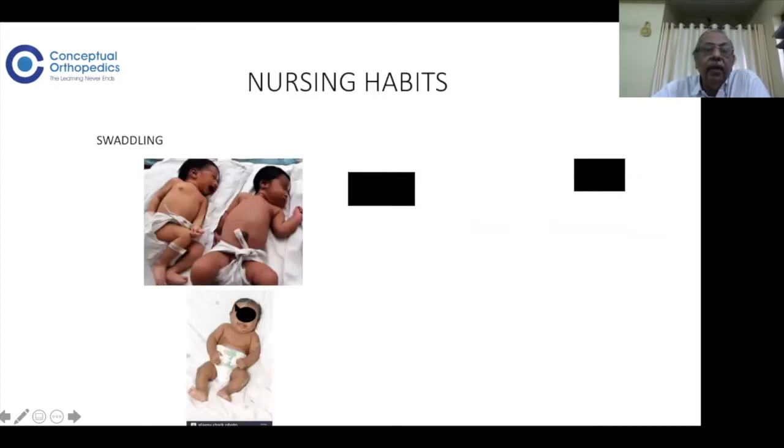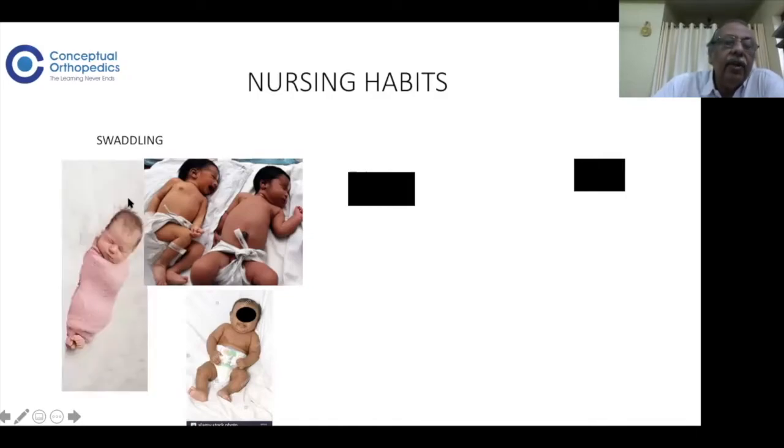So this is how the babies are being carried in our place, either with cloth or by the new nappies. And this is what is called swaddling. In swaddling, the hip is adducted, internally rotated and extended. And this is a bad position for the baby's hip.